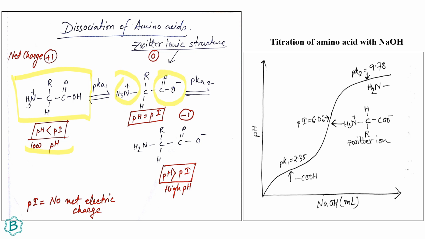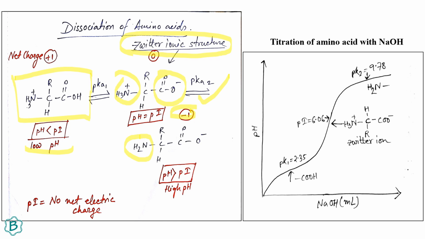So the net charge will be 0 and this compound is called a zwitterionic structure. Now, if you add further NaOH, the amino group will release a proton to become NH2. Now the net charge is -1. So pI is defined as no net electric charge, which is at this zwitterionic structure.